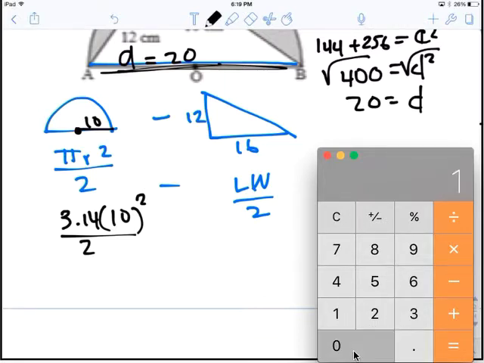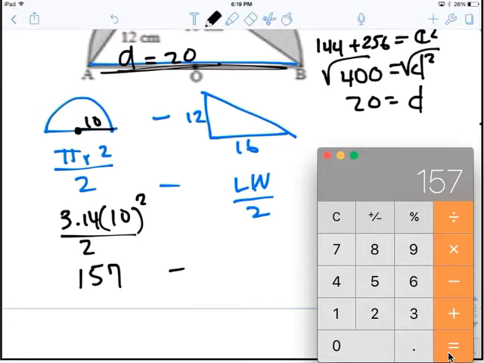100 times 3.14 divided... I don't like this for this reason. Oh no, not good. 3.14 times 100, because 10 squared, divided by 2, is 157.